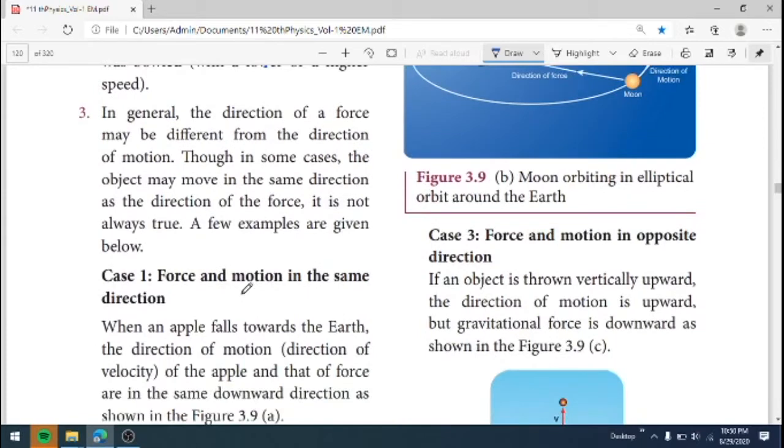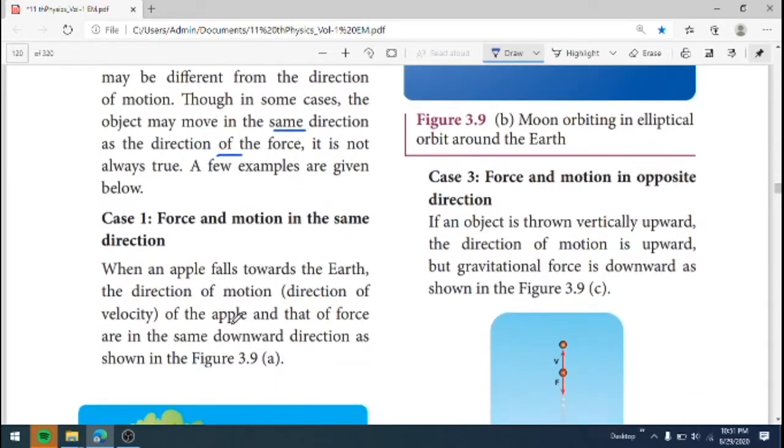Now coming to the next interesting definition. Generally we say the direction of force may be different from the direction of motion. We cannot always say that motion will be in the same direction in which we apply the force. The direction of motion will differ. The example for this is shared here as case 1. Sometimes the direction of force and direction of motion are in the same direction.